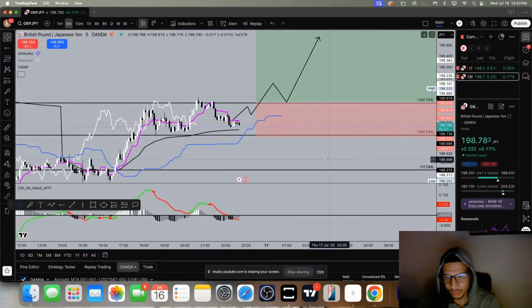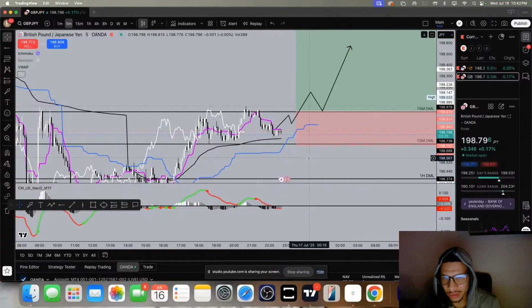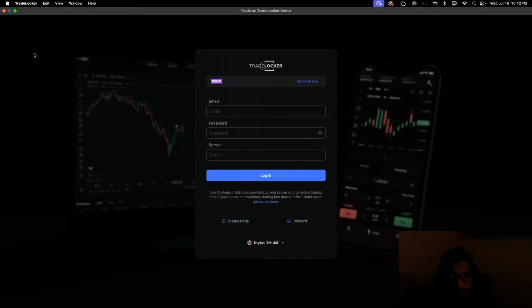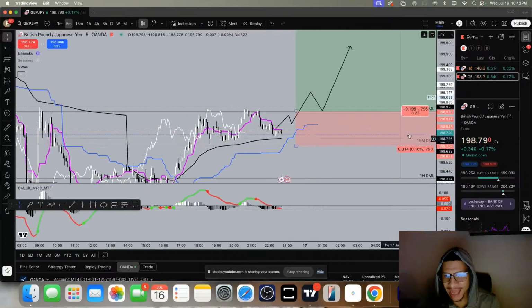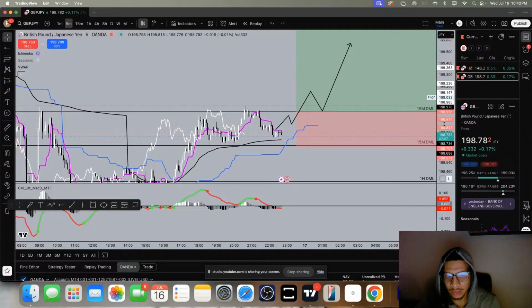So yeah, that's what I try not to have a bias for. I normally just like to watch the execution unfold. Let me get out of here. I don't use TradeLocker anymore. I normally just like to watch my execution unfold, and before my execution even comes in, I've already aligned my fundamental sentiment.